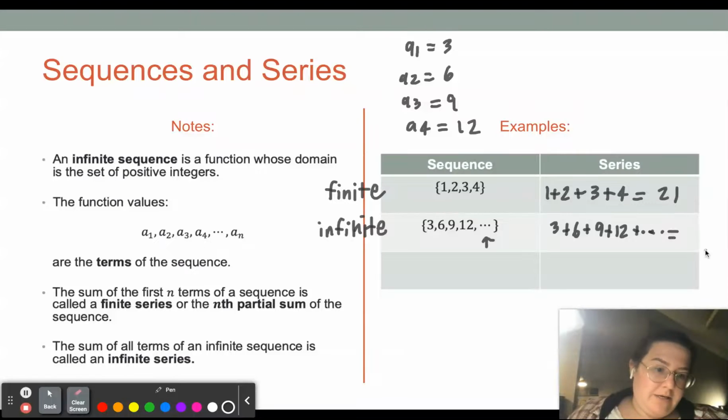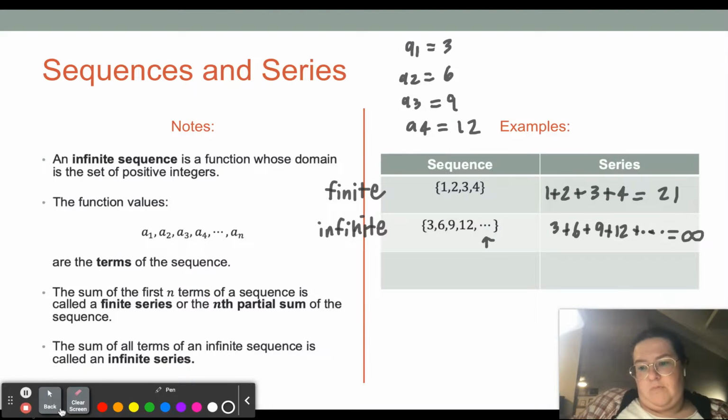The numbers get bigger and bigger, so it actually goes to infinity. You'll study more series in BC calculus and why they go to certain things, but for now just understand that a sequence is a list of numbers or a function with a domain of integers, and a series is a sum of that list.